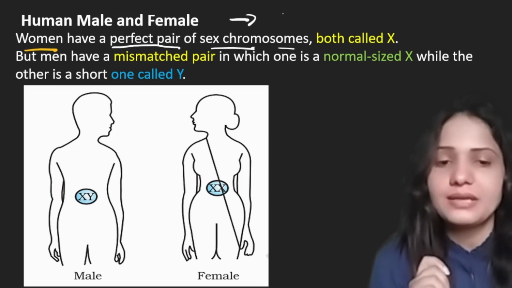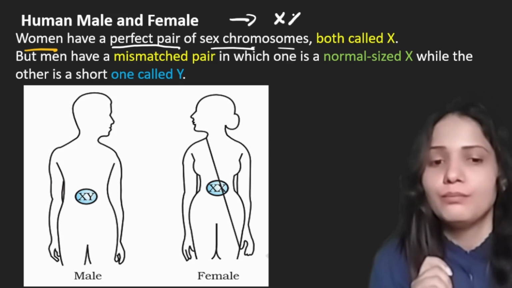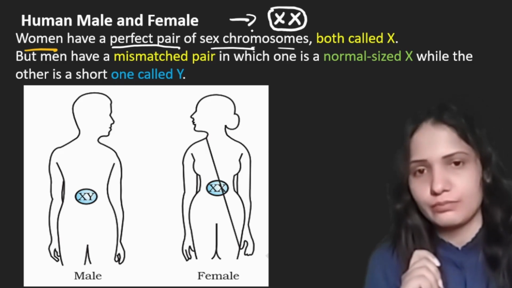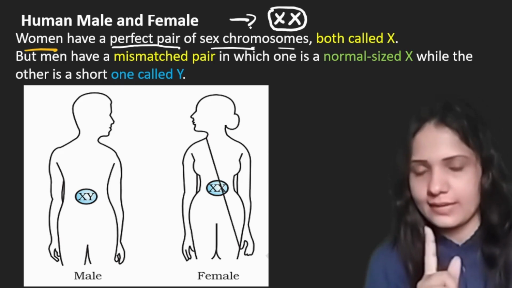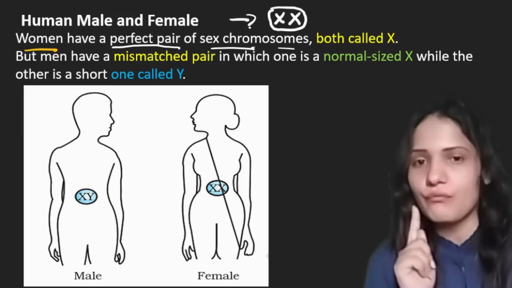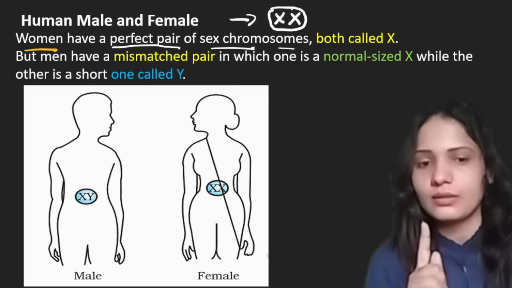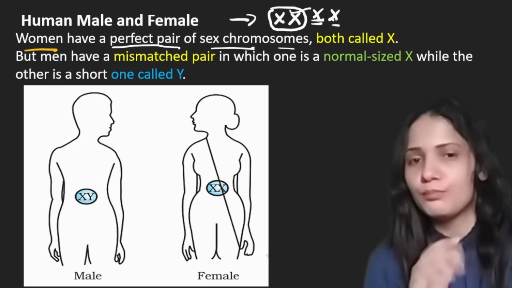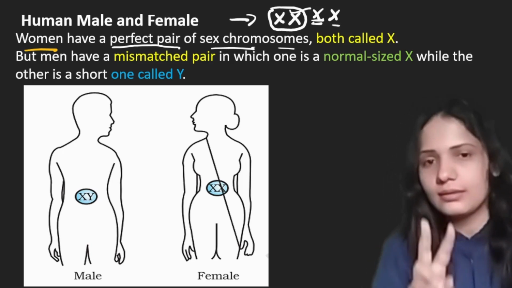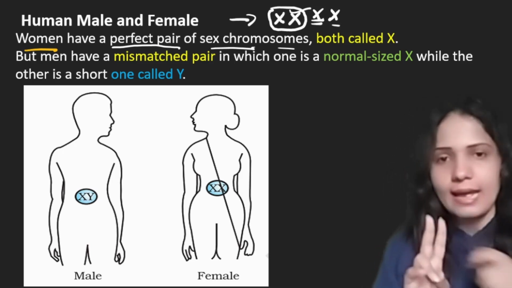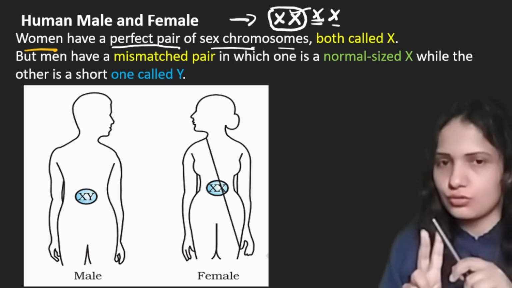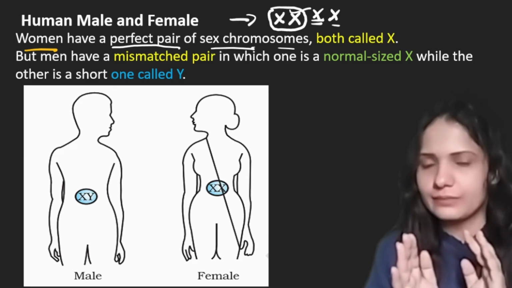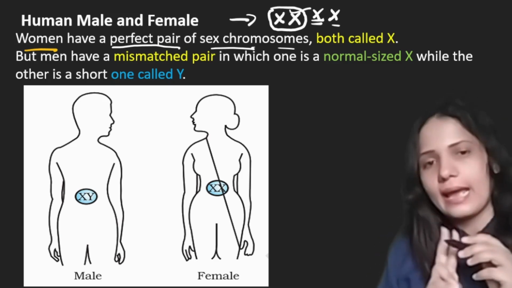Perfect pair means in case of women, we have both X chromosomes in our body cell. We have a pair of sex chromosomes, this we know, but in case of women this one pair is X chromosome and X chromosome. Both the sex chromosomes are X type, so we are saying that this is a perfect pair as both are X type.